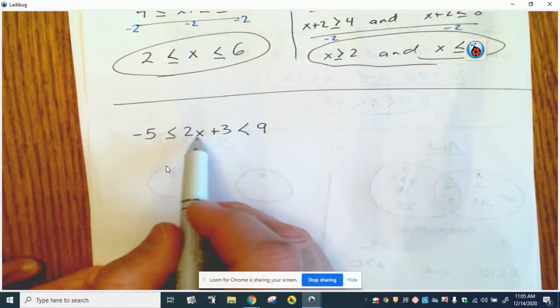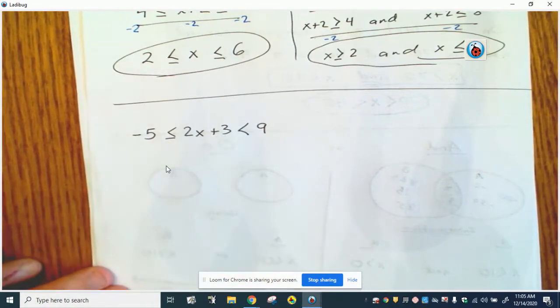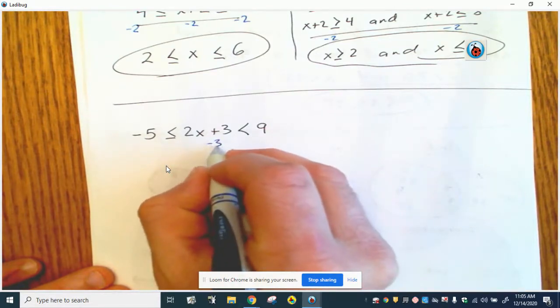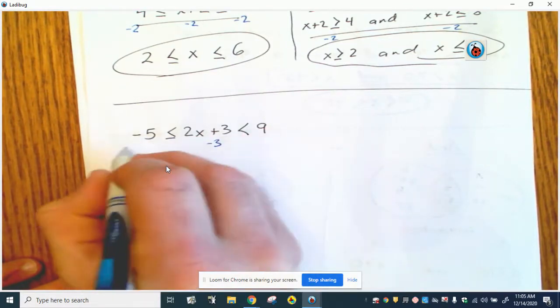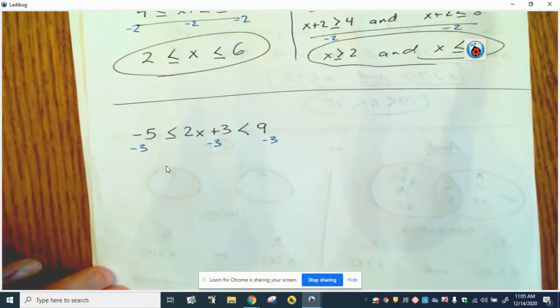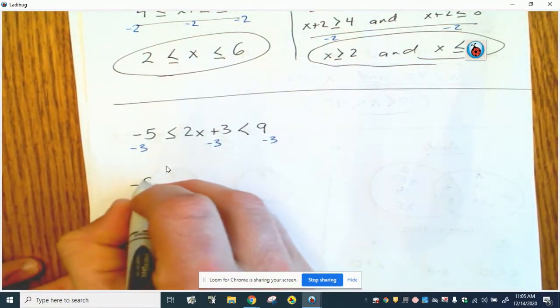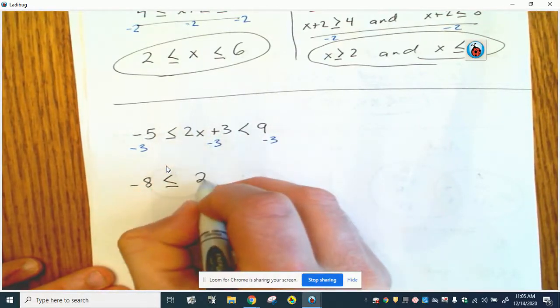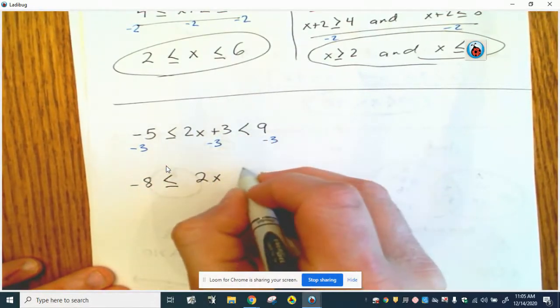So kind of think of it this way. I want to get the x by itself. Well, first thing I'd want to do in here is to minus 3. But if I minus 3 from here, I have to minus 3 from here, and I have to minus 3 from here. Okay? So here I'd get negative 8. Leave that sign. Here I just have 2x. Leave that sign.